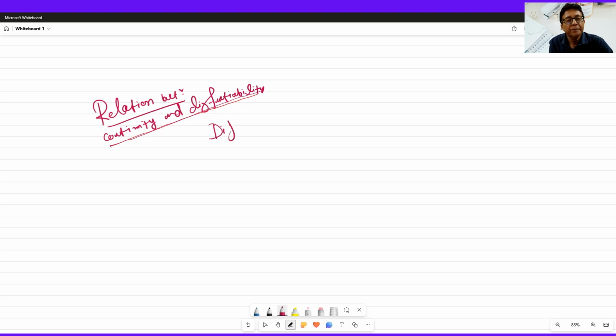Differentiability will imply continuity. But we have already seen that continuity, sometimes it does, but not always, will imply differentiability.